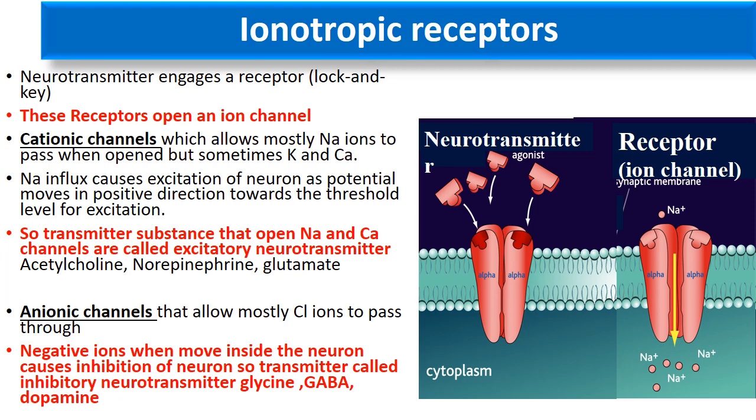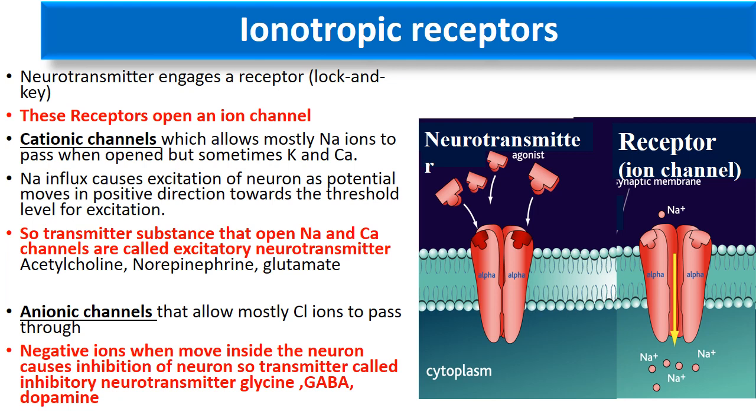Opening of calcium channels: if a neurotransmitter binds and opens the calcium channels, the calcium will move inside, and again, calcium is a positive ion coming inside, creating positivity inside, and the membrane potential may reach the threshold value and may cause an action potential. So opening of sodium and calcium channels will lead to excitation, and opening of potassium and chloride channels will lead to inhibition.